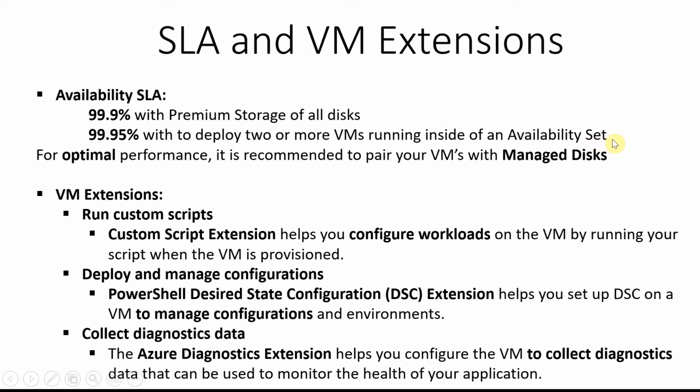If you're running more VMs and one VM goes down, the other VM is always running. That is the idea. That's where you get a higher SLA compared to a single VM running with premium storage. And for optimal performance, it's always recommended that you pair your VMs with managed disks.